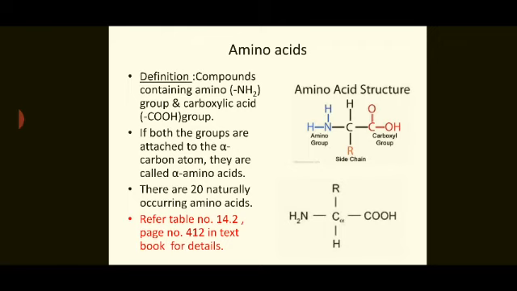So here both the COOH group and the NH2 group are attached to the alpha carbon atom. Hence they are called alpha amino acids. There are 20 naturally occurring amino acids. If you want the detailed structures or names, you can refer to table number 14.2 on page number 412.